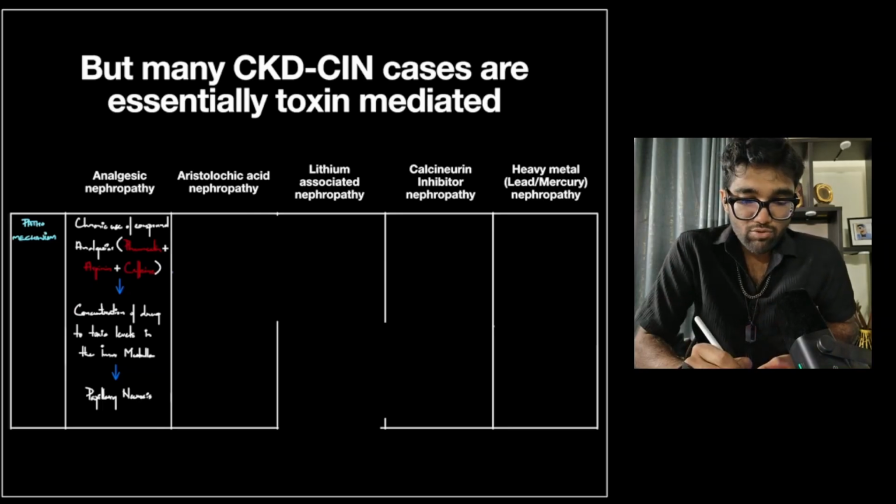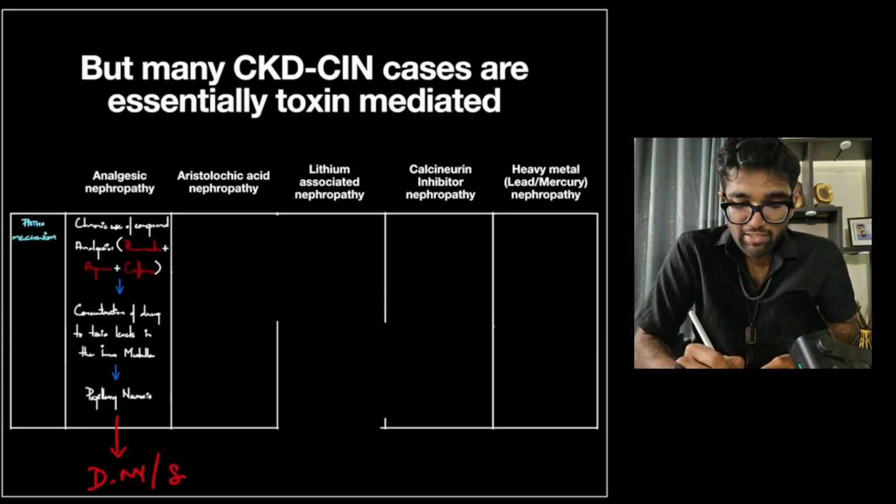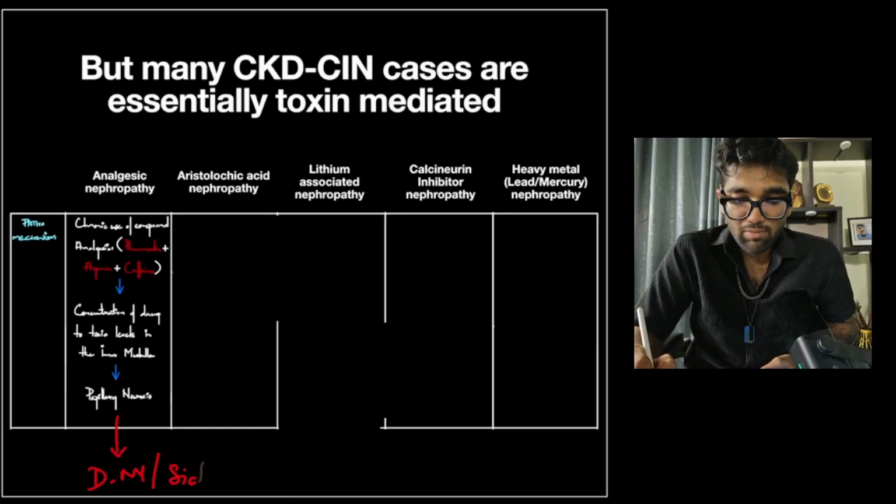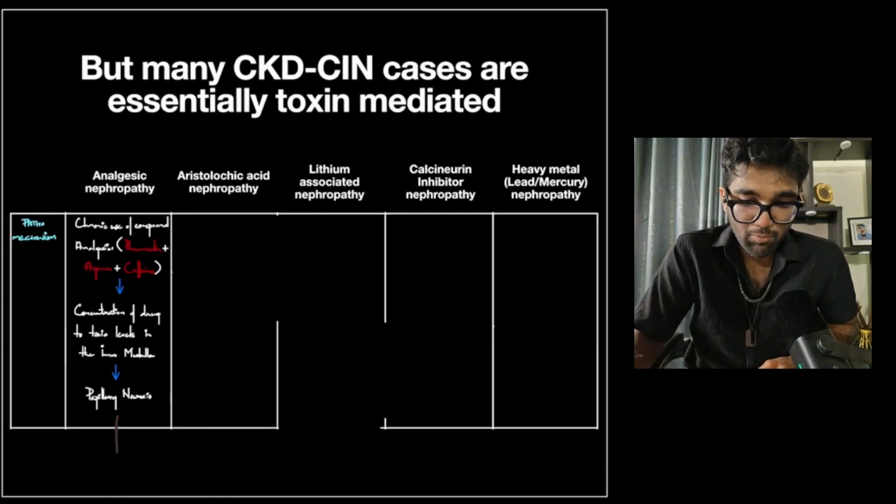Okay, renal papillary necrosis, however, is most commonly caused by diabetes mellitus. It is also caused by sickle cell anemia and can be caused by reflux nephropathy. So these are the other three causes of renal papillary necrosis. They are much more common than analgesic nephropathy.